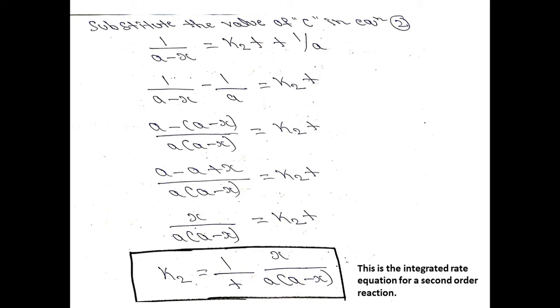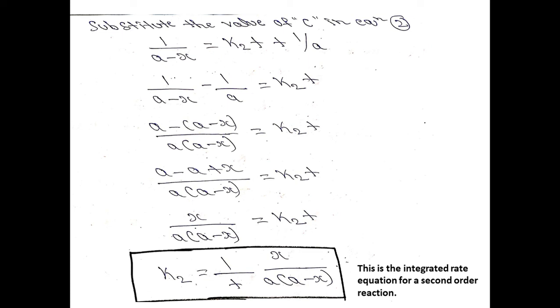Cross multiply the 1 divided by (a minus x) minus 1 by a. The equation is a minus (a minus x) divided by a into (a minus x) equals K2 t. Remove the bracket, minus into minus is plus. The equation is a minus a plus x divided by a into (a minus x) equals K2 t.